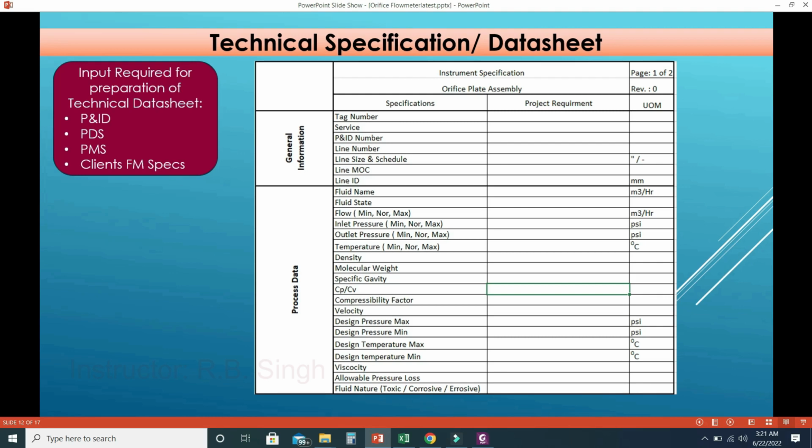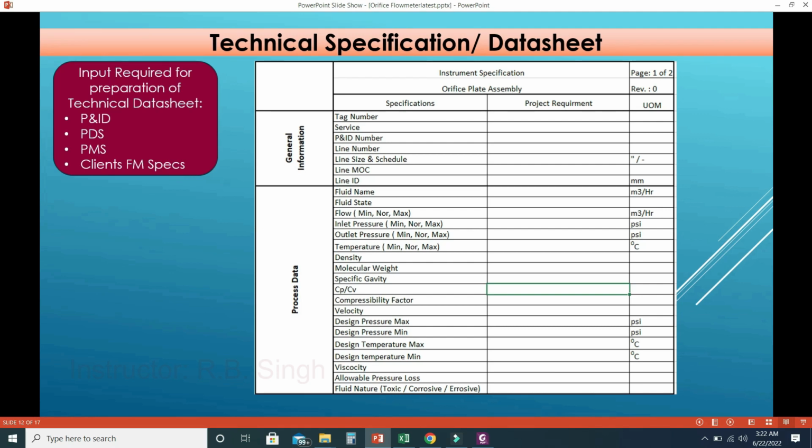Sometimes you need to refer to the P&ID. From the P&ID, you will get some basic information. You require the PDS, process data sheets. That will be required to do the sizing also. The vendor will do the sizing, so they will require some process data. Then we have to refer to the PMS, to know about the piping material, piping class, piping design conditions.